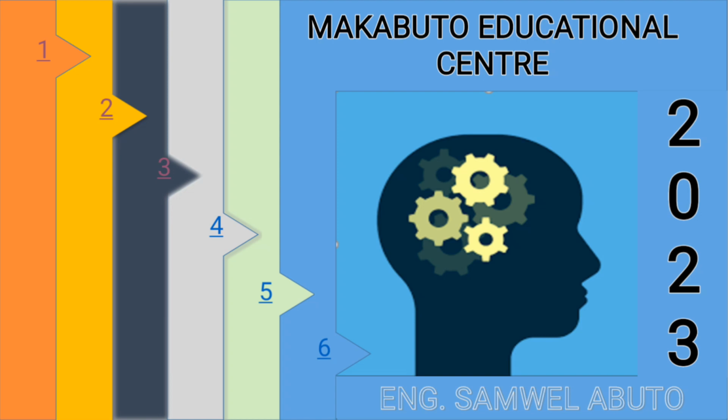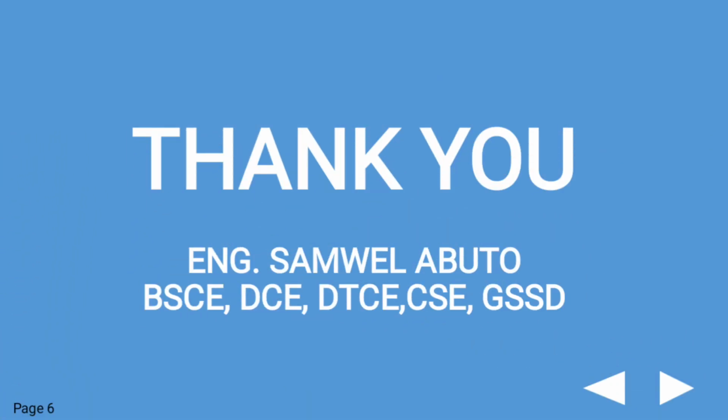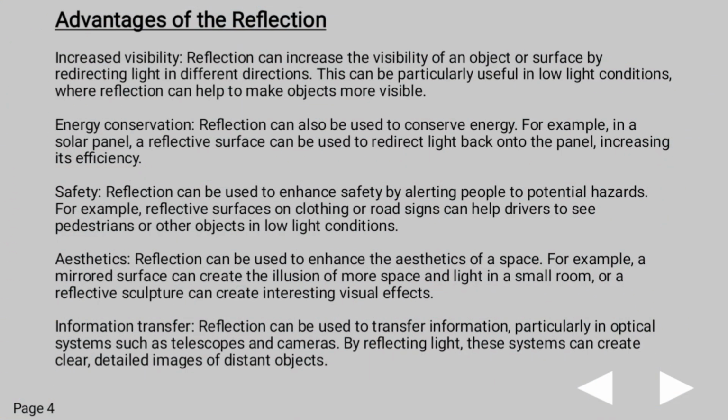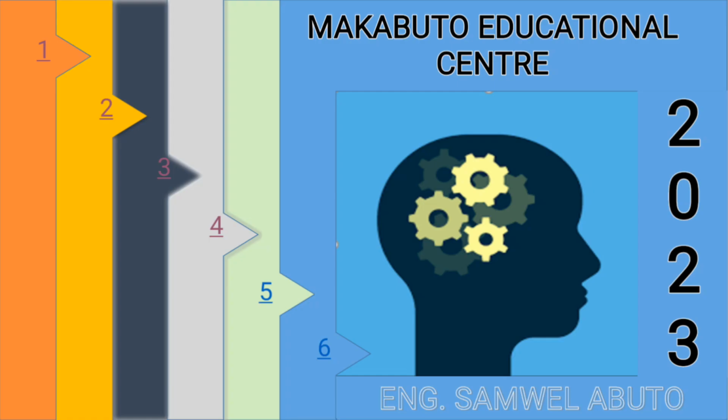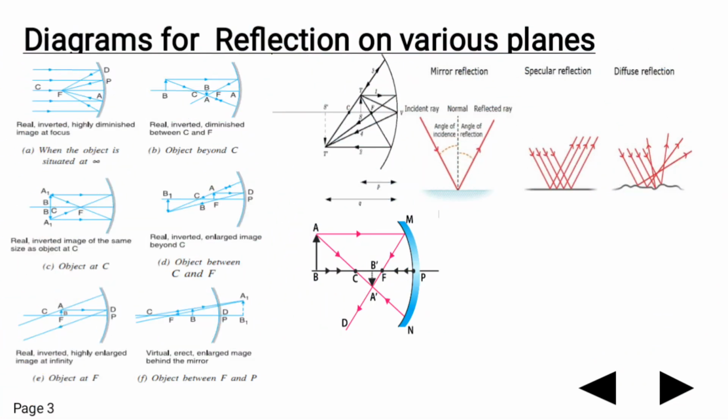The fourth one is now to define the advantages of reflection. But before the advantages, it is good to see the reflection on various surfaces.